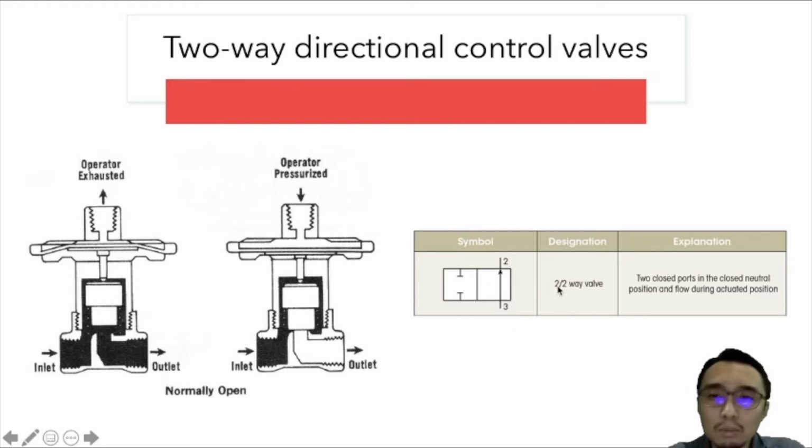And this 2/2 means two-way, so it will just allow one input and one output. So that will be ports 1 and 2, and then the other two means the two positions, the two blocks that are in the symbol of the valve. So this is an example of a two-way directional control valve.